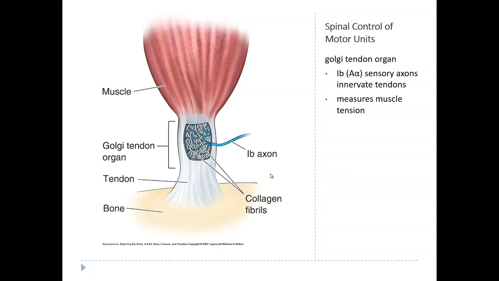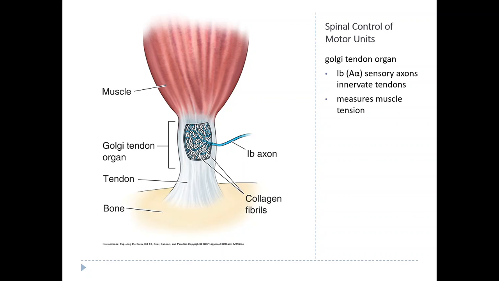And then another sensory structure associated with muscle is the Golgi tendon organ. So a tendon, we mentioned, is just the tissue that connects the muscle to the bone. Tendons are not contractile, so they do not have muscle fibers in them. They do not have the ability to contract on their own. Mostly tendons consist of fibers of this protein called collagen.